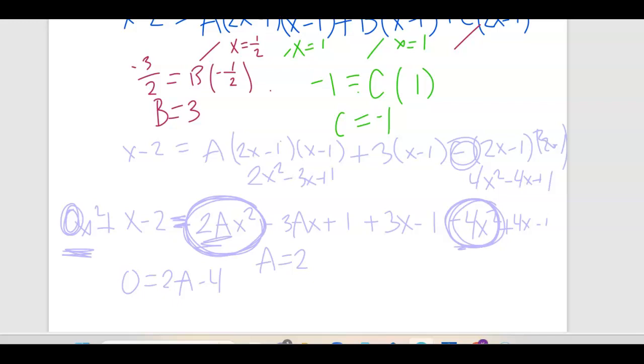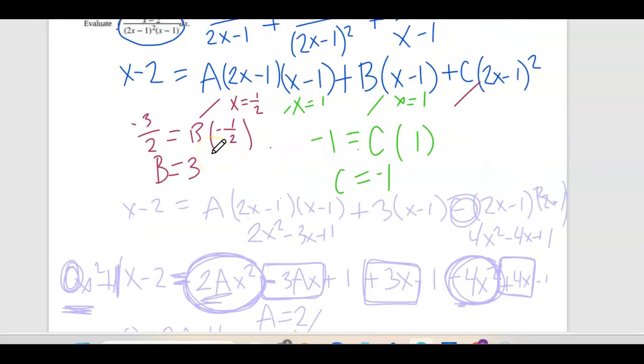The other option that I have is I know that negative 3ax plus 7x must give me 1x. Let's just make sure, if a equals 2, is that true? Negative 6 plus 7 equals 1. Yes, this is definitely true. Now you could also plug in other numbers, like what if x is 0?